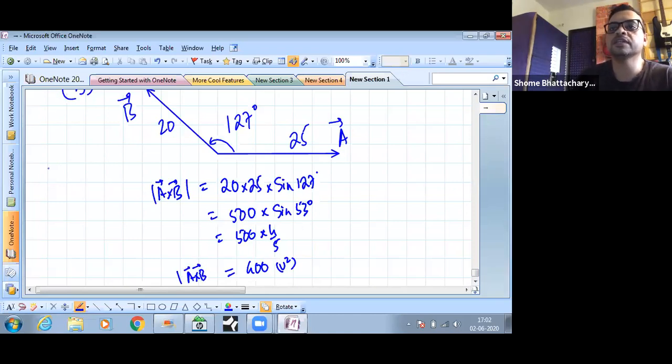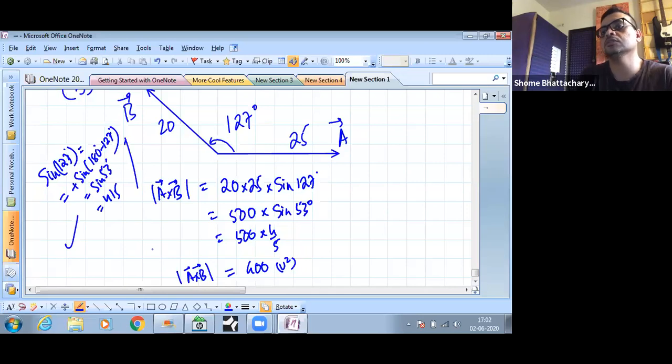Remember, for second quadrant, sine 127 will be equal to positive of sine 180 minus 127. So that is sine 53. That is 4 by 5. So this is what we are using over here. And the direction you can see is coming out. Outwards.